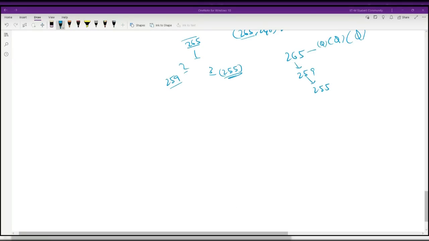Hence, I request everybody to go through the activity questions 3.4. I'll just read out the question. This is the activity question 3.4, second question.